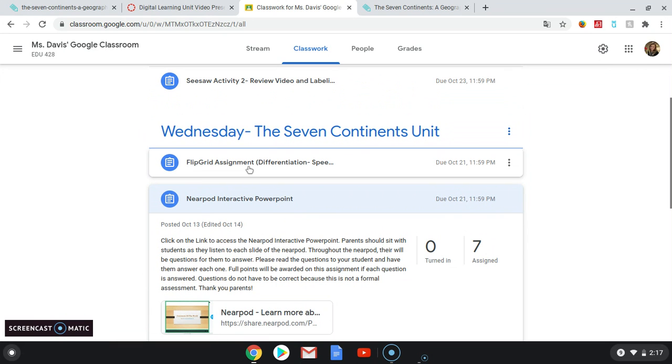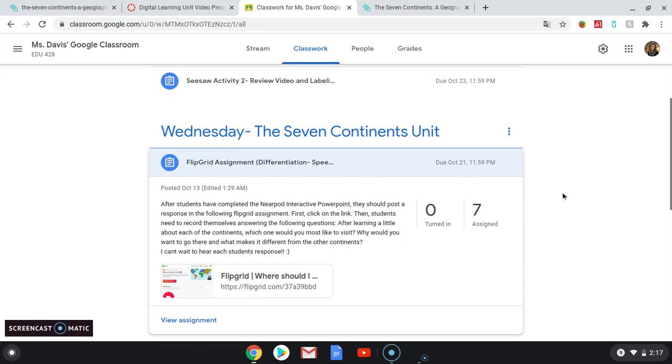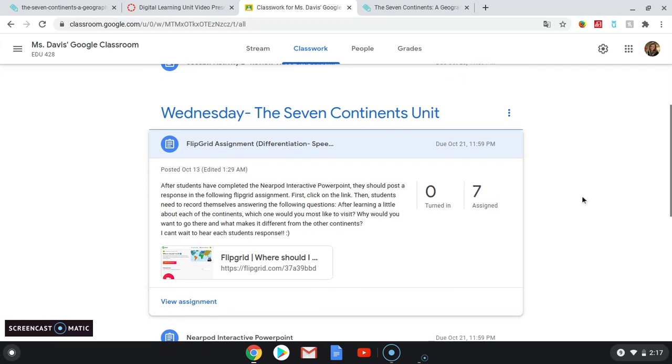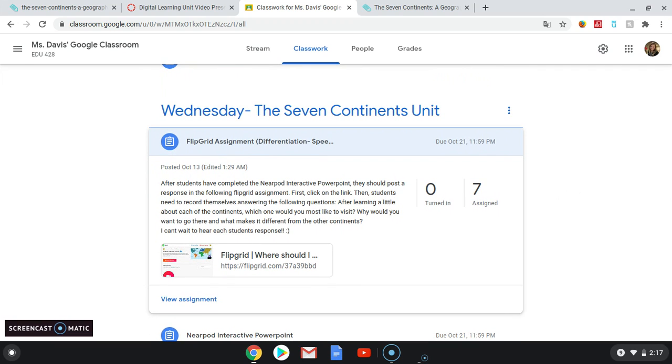And then they did a Flipgrid assignment where the students had to choose a continent they would want to visit, and tell me why they would want to go there and what makes it different from the other continents. It was a short 3-minute response. I told them to brainstorm for at least 2 minutes before responding and then give a nice response on which place they would like to visit.